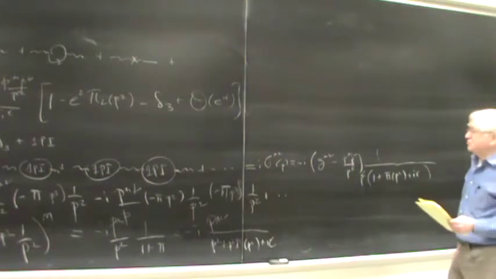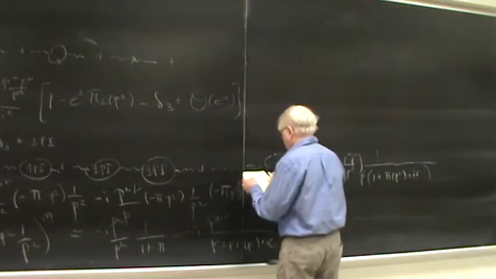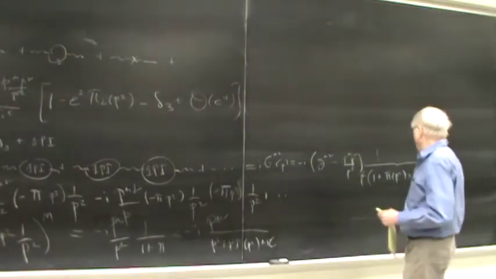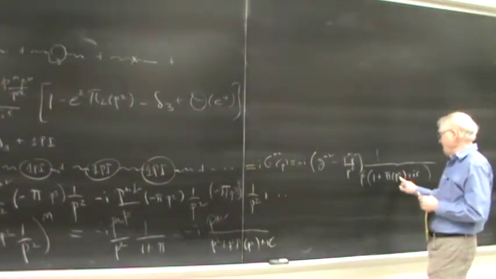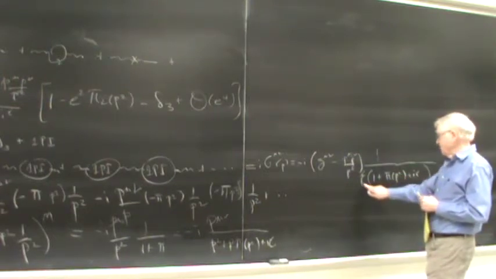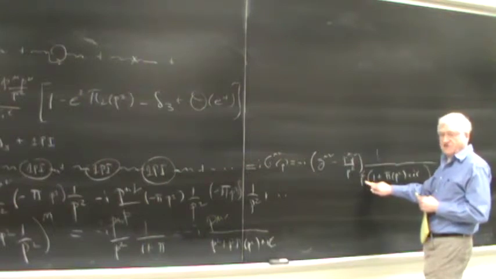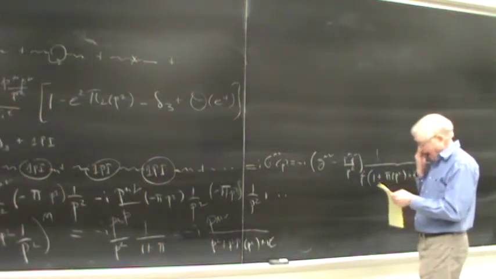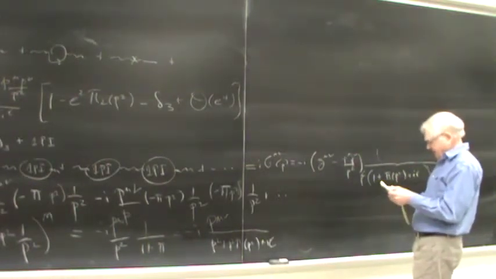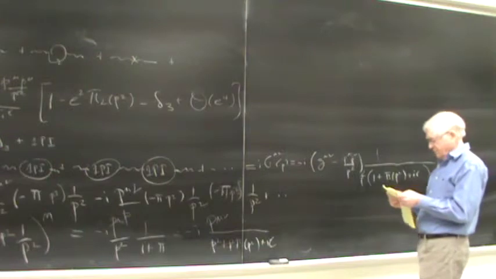Now, in dimensional regularization, okay, well, I'm sorry, I skipped something. What do we want? We want pi of 0 to be 0, because we don't want to change the residue here. It's just the residue factor. Yeah, my notes are actually wrong here. Okay.